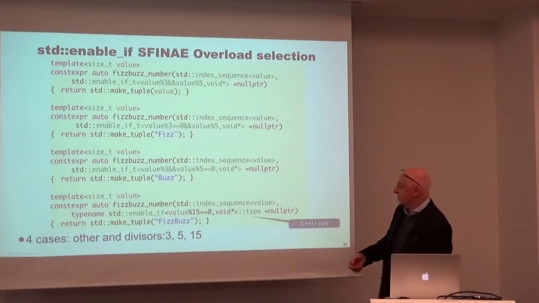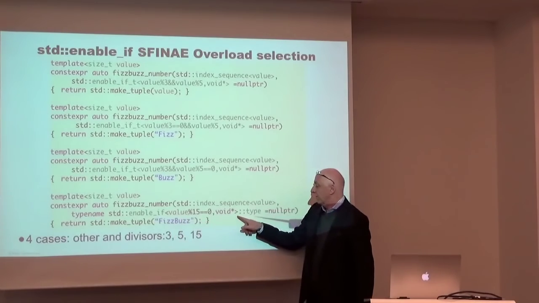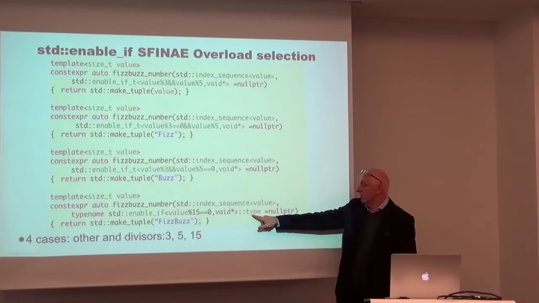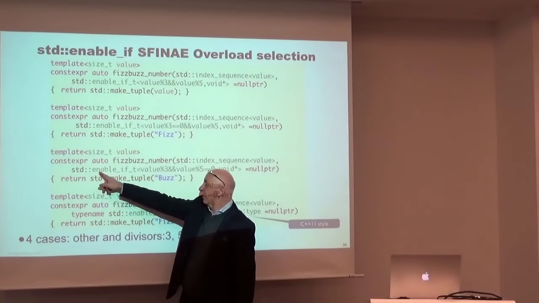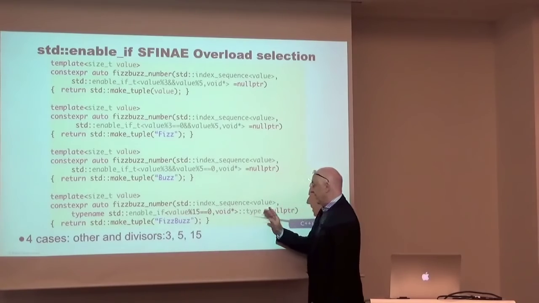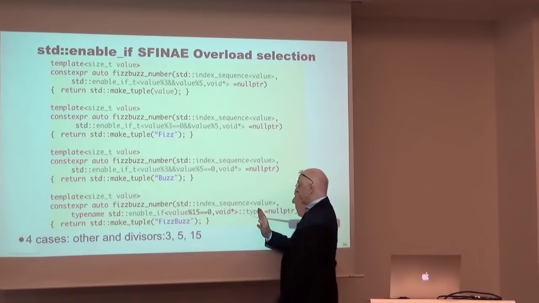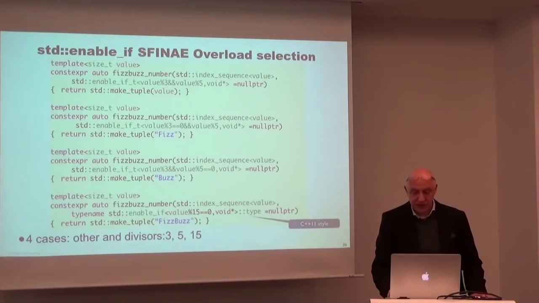And just to show off, C++11 had enable_if, where you have to specify ::type and typename. And C++14 with template aliases provides enable_if_t as an alias for this typename thing. So it's much shorter to spell out.